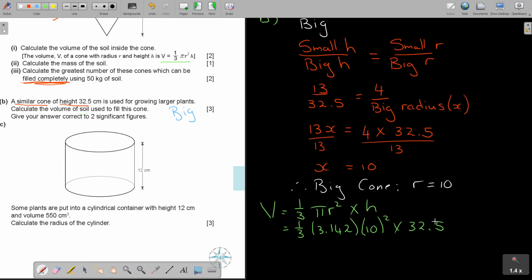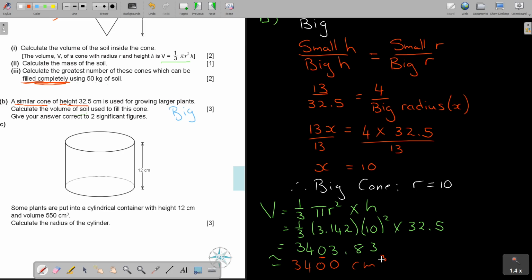And I'm getting, let's just quickly see. Yes, I'm getting 3403.83. And if I'm making it to 3 significant figures, and don't forget 1, 2, 3, then it will be 3400, and that's cubic centimeters.